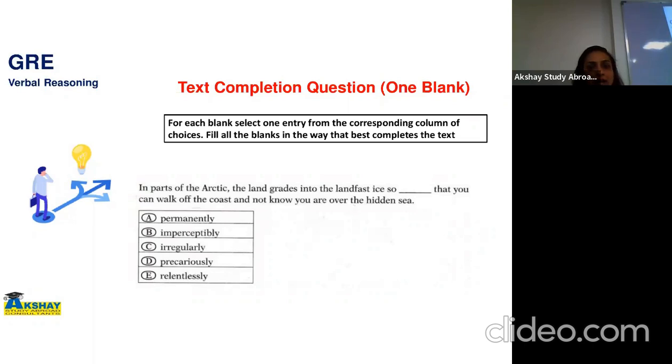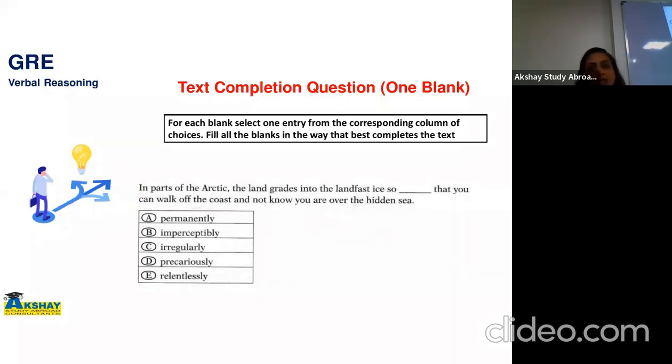Now the land grades into the landfast ice so unnoticeably. Now there is this importance of prediction. And right from day one, you need to work on interpretation and prediction because vocabulary will come gradually. I don't expect that you know all these words, but you at least must be able to predict: land grades into the landfast ice so unnoticeably that you don't even know that you are over hidden sea.